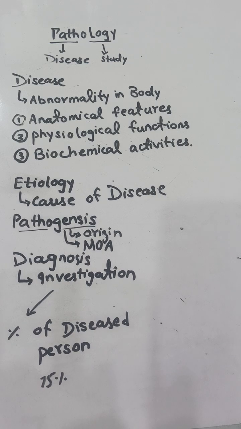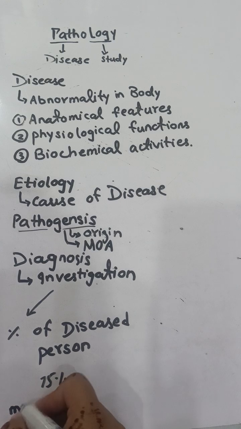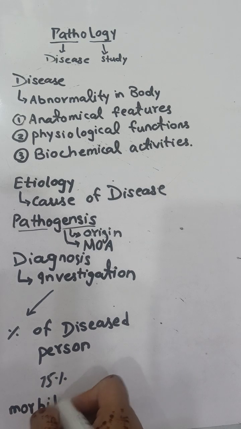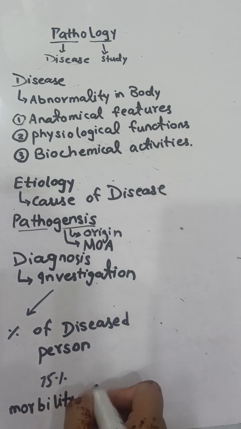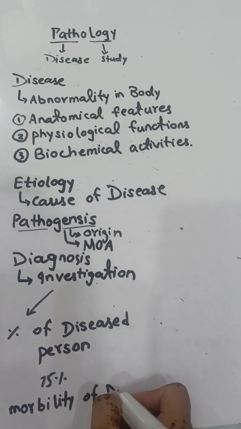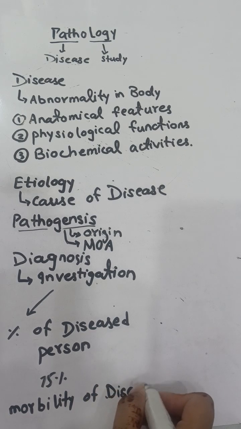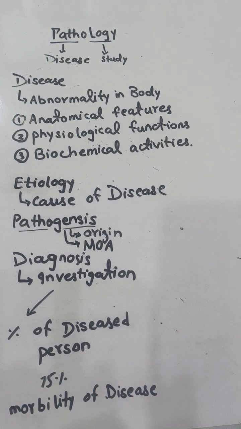So if someone tells you about the percentage of diseased persons, this is called the morbidity of a disease. If I tell you that 75% of patients are suffering from the coronavirus, it means I have told you about the morbidity of coronavirus.